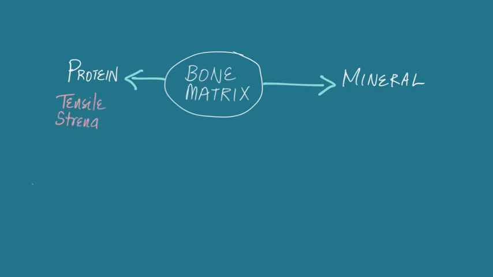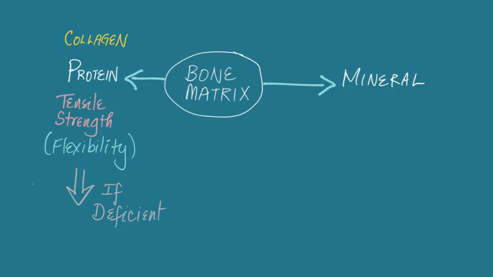In other words, it makes it more flexible. The protein that we're talking about is collagen. Collagen is a very tough protein. If collagen is deficient, it removes the flexible quality of the bone and makes it brittle. So the brittle bones can break easily.